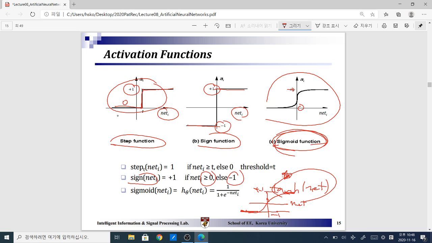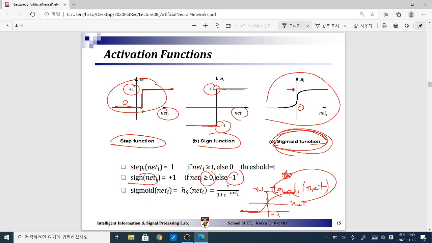And the hyperbolic tangent is actually useful in the training algorithm for artificial neural nets, perhaps more so than the sigmoidal function, which we're going to show later in the latter part of the lecture.